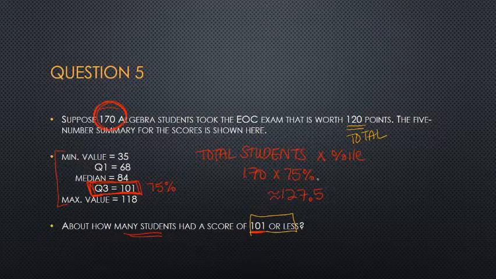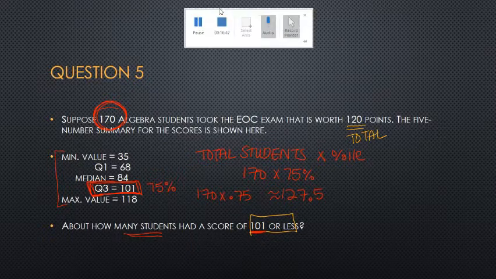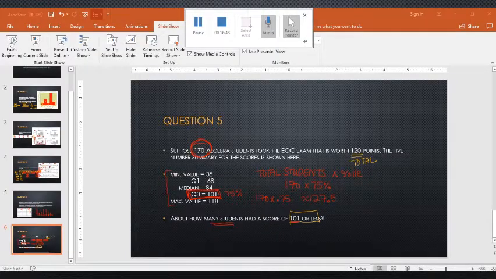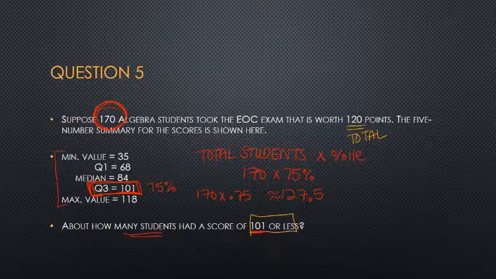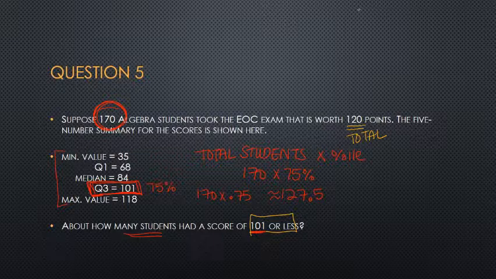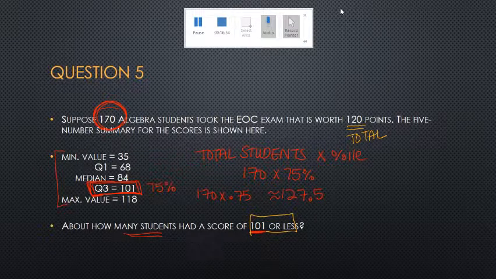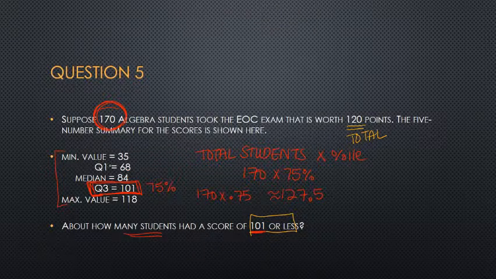Now remember, when you're typing a percent into your calculator, you're actually going to type it in as a decimal, which would be 0.75. Just a little refresher on that. I didn't check my numbers. I just made up my 5-number summary when I was making this question.